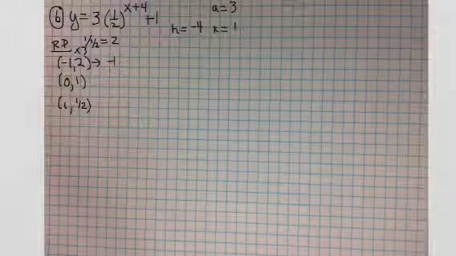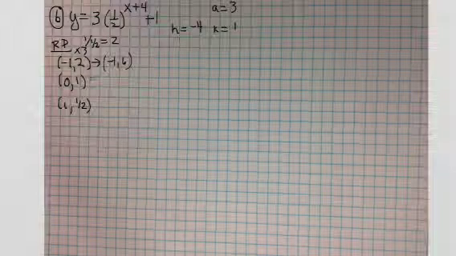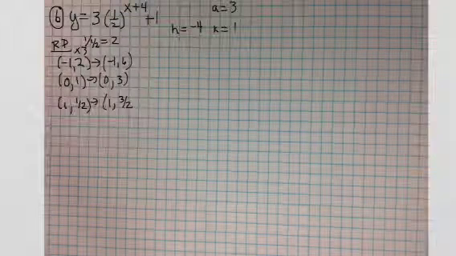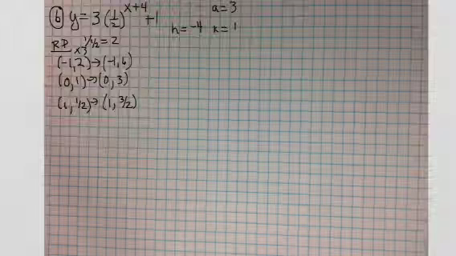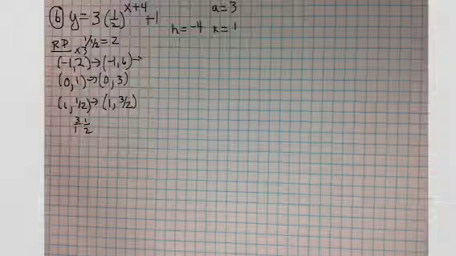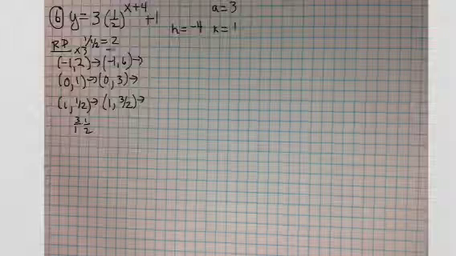So -1, 6, 0, 3, and 1, 3 halves. Because 3 times 1/2, you write 3 as 3 over 1, and then 1/2, so that gives you 3 halves. Okay, the next step is we add -4 to the x's, and we add 1 to the y's.